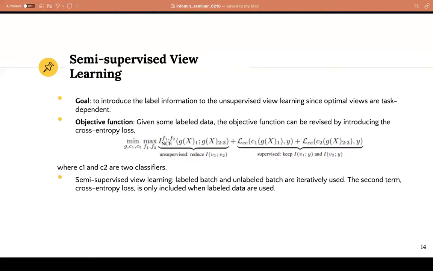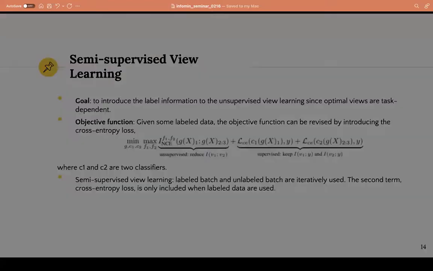So they iteratively use two different batch to finish the semi-supervised learning. Actually, here the semi-supervised learning is not like what we know before, like you try to generate some pseudo labels for unlabeled data. Here they just mean you use both labeled and unlabeled data.